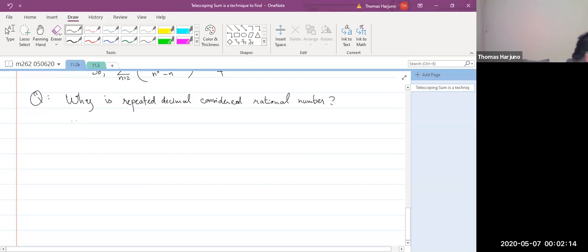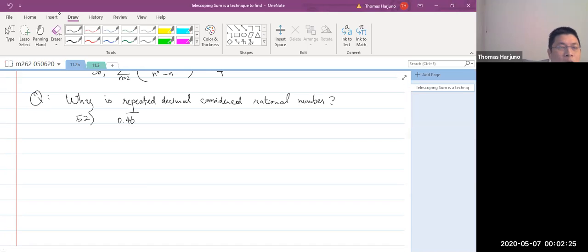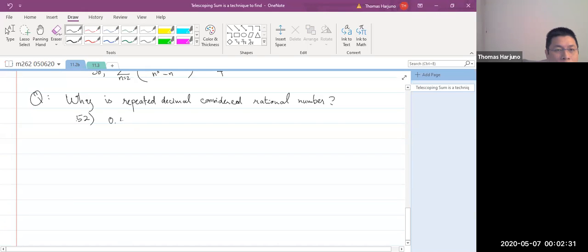Suppose I pick question number 52. Write 0.46 bar as a fraction. Now notice that we cannot answer that question at any level before we learn geometric series. But once we learn geometric series, we can do this problem.